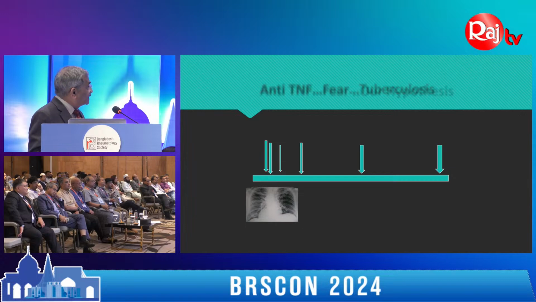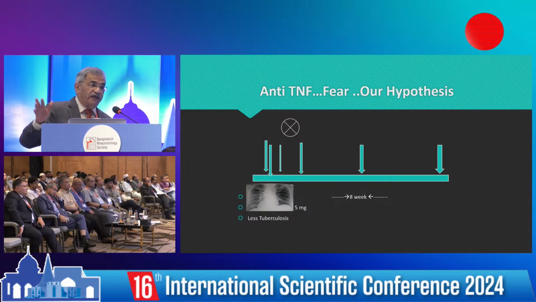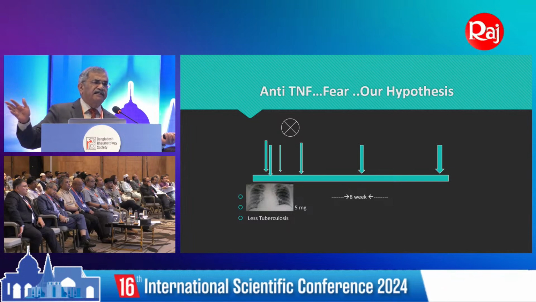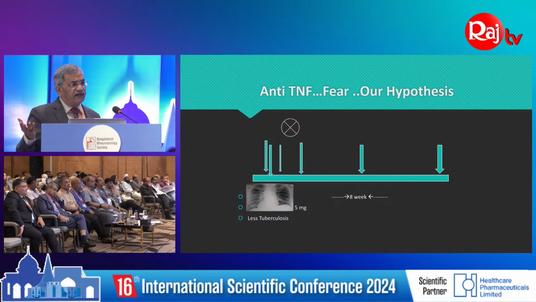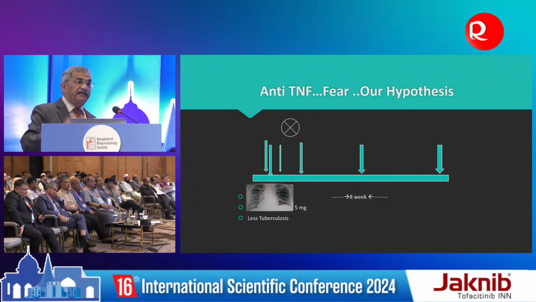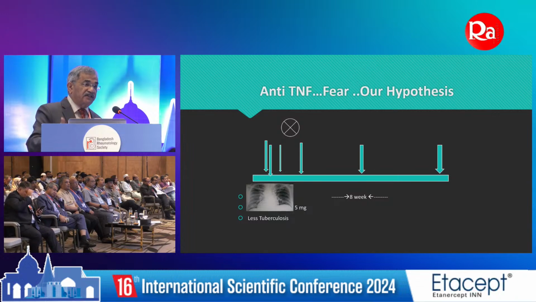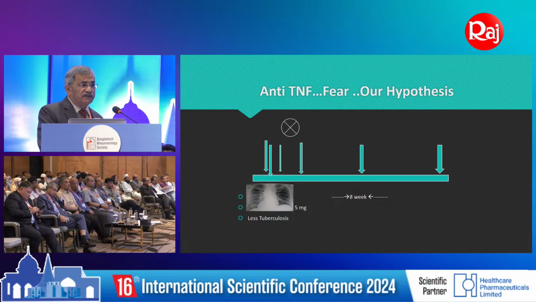So what exactly I did, I reduced the loading dose. I said, no loading dose. For the last 30 years, I have been using these anti-TNF drugs, and I have never used a loading dose. I proved to my society also, and I keep telling, and I had a presentation also at APLAR, that if you don't use a loading dose, in my series, there was not a single case of tuberculosis. Yes, we do get tuberculosis.